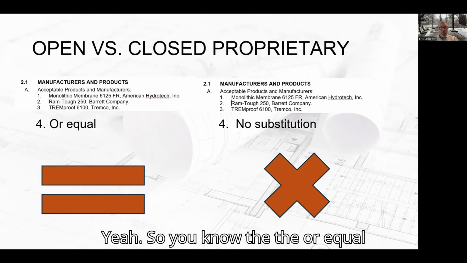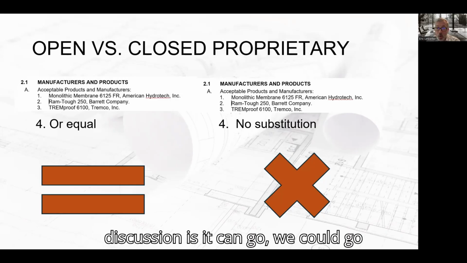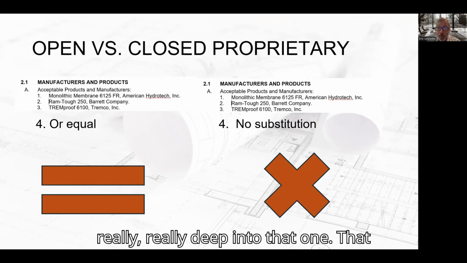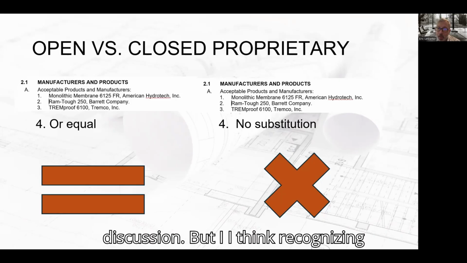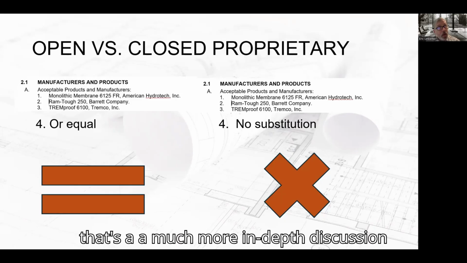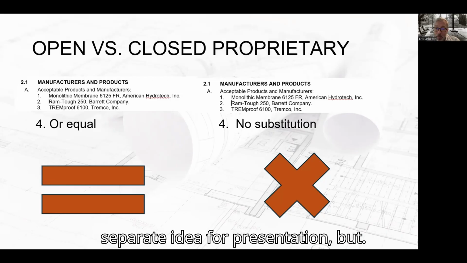So the "or equal" discussion, we could go really deep into that one. That could be its own separate discussion, a much more in-depth topic that warrants its own separate presentation.